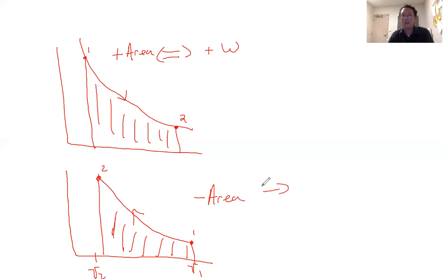And sure enough, if you think about it, when you run the gas through a compressor, it's not producing work, it's consuming work. So you end up with a negative work. So the area under a PV diagram gives you the work performed, and the direction of the area, the minus sign of the area, the way that you're integrating determines the sign.